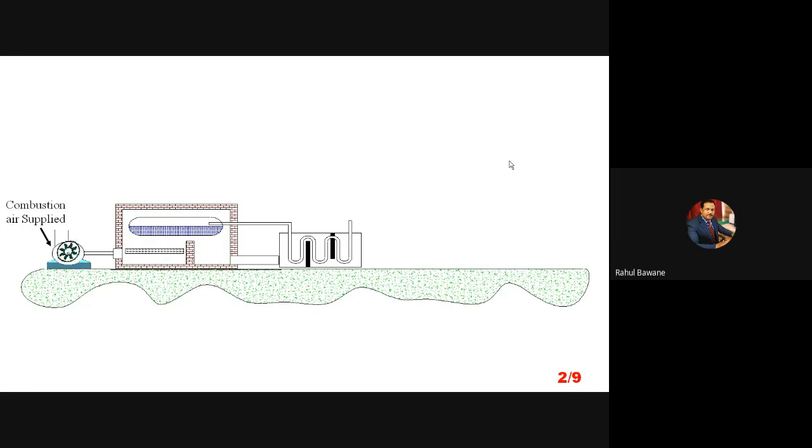In the initial case, with room temperature water, the rise should be from 30 to 100. Now with preheated water at 50 degrees centigrade, I have to supply less heat, only to raise its temperature from 50 to 100. So our total amount of heat is reduced.